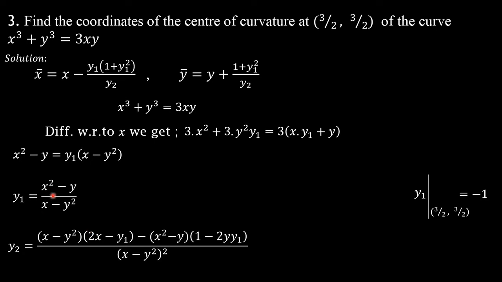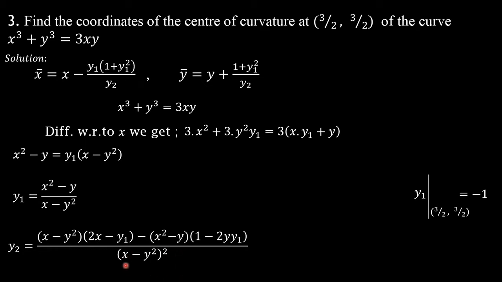The derivative of x² is 2x minus y1, minus numerator into differentiation of the denominator. The derivative of x is 1, minus the differentiation of y², that is 2y y1, divided by denominator square.